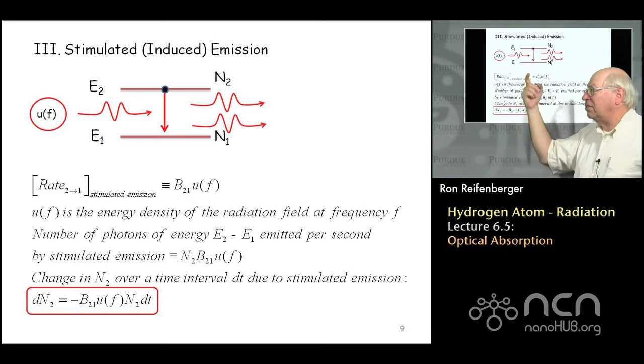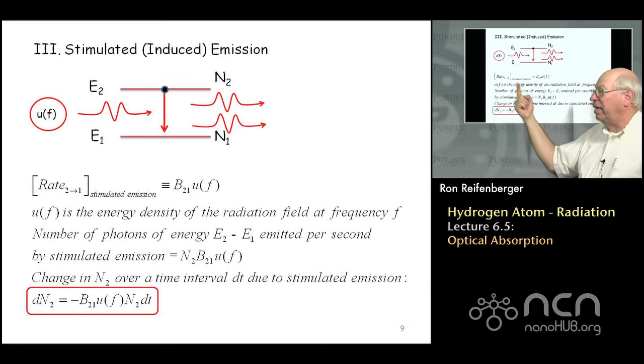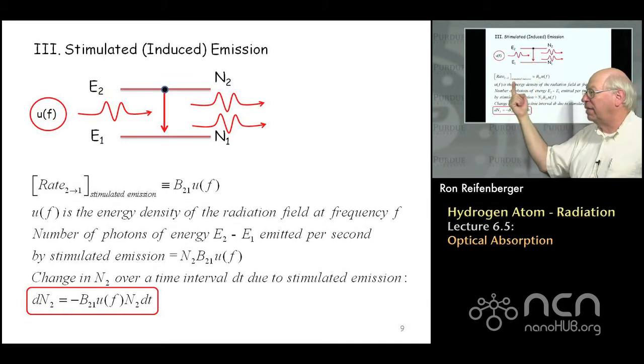And what Einstein said is you need this process in order to understand Planck's final formula for the blackbody radiation problem, right? And so he defined the rate to go from 2 to 1 by stimulated emission as a coefficient B sub 2,1 times the incident radiation field U of F, right? That's the rate.